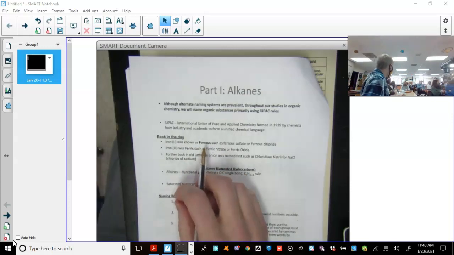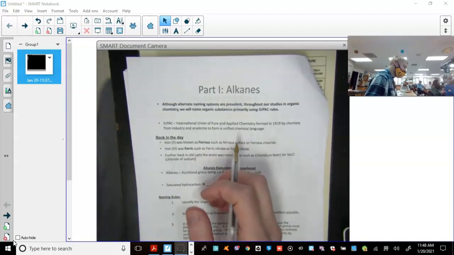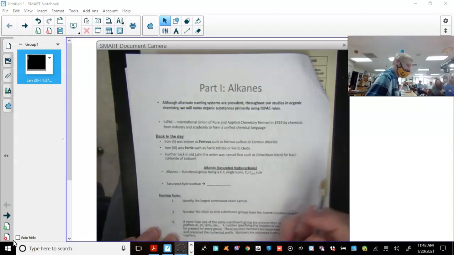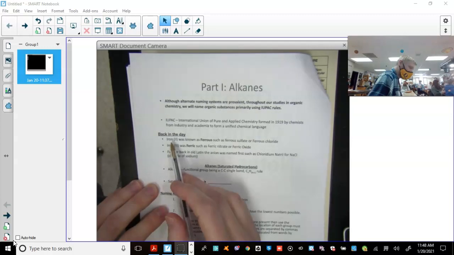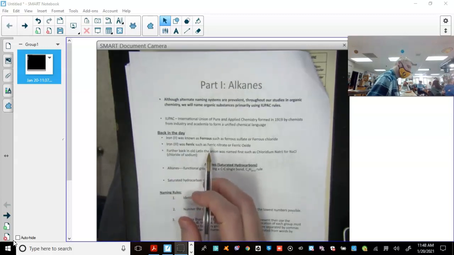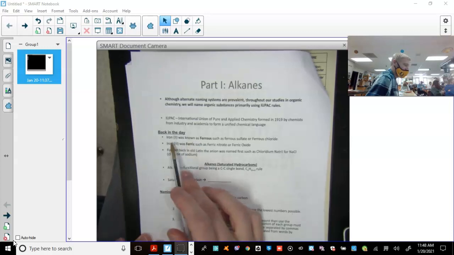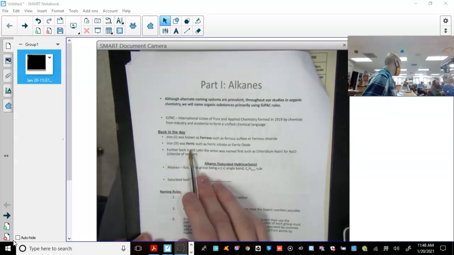So, why do we name organic molecules the way we do? Because in 1919, a group of scientists got together and said, this is what we're going to do. That's pretty much it. I create my own part of chemistry. So, all right, back in the day, we had different nomenclature. It's kind of the evolution of words in chemistry. So, iron 2 was known as ferrous. Iron 3 was known as ferric.